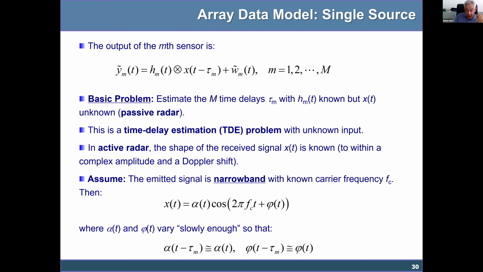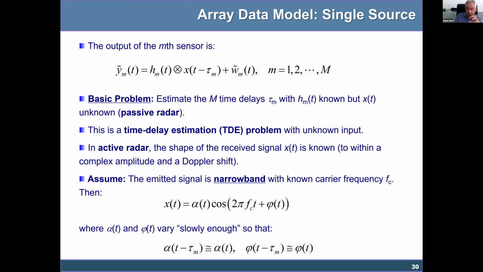And then if there is a relative motion between the transmitter and the target, because of the Doppler effect, the signal undergoes also a Doppler shift, so a shift in frequency. And so in an active scenario, the received signal is partially known.